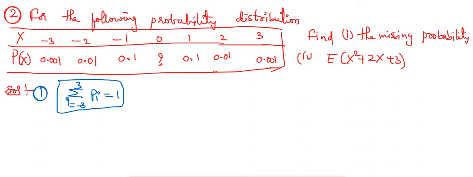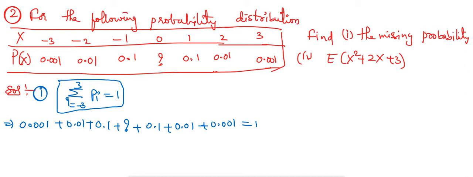So by using this relation we can take the summation: 0.001 plus 0.01 plus 0.1 plus x, the unknown, plus 0.1 plus 0.01 plus 0.001 is equal to 1.